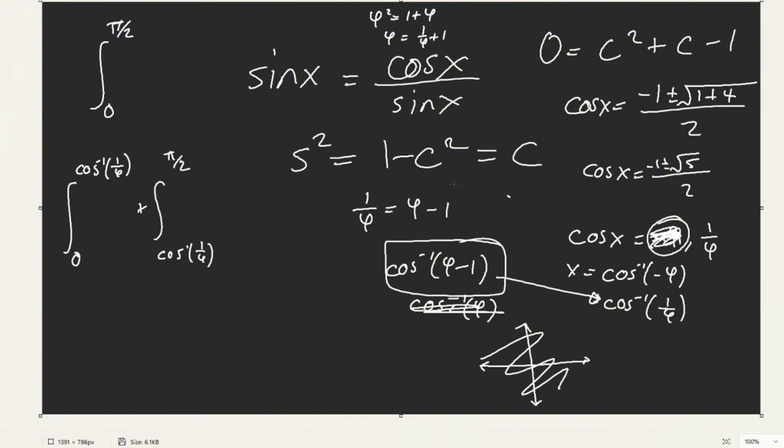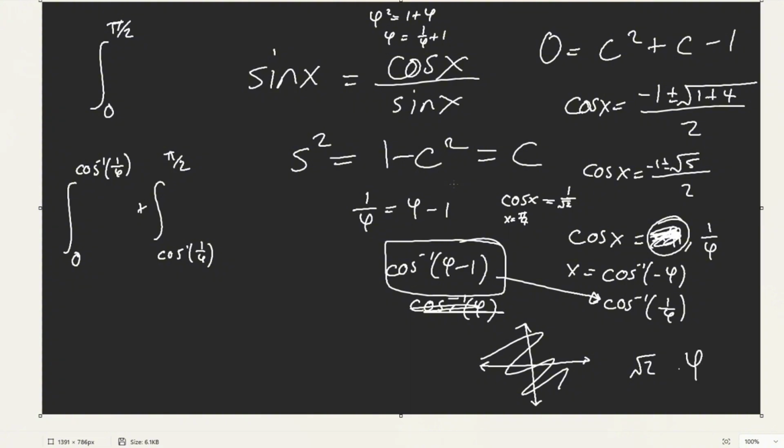Okay, a great way to see this is cosine of x. If x is equal to pi over 4, then this would have been 1 over root 2, right? But we have 1 over phi. So, 1 over root 2 and 1 over phi go in ratio.